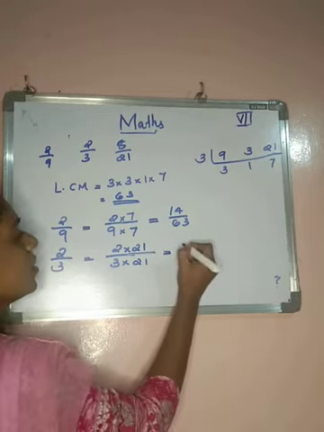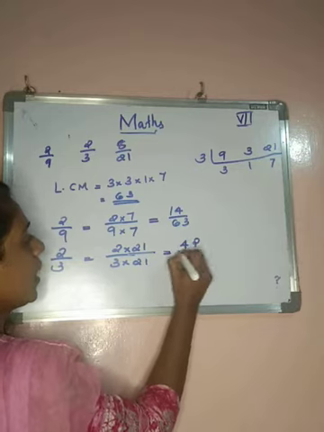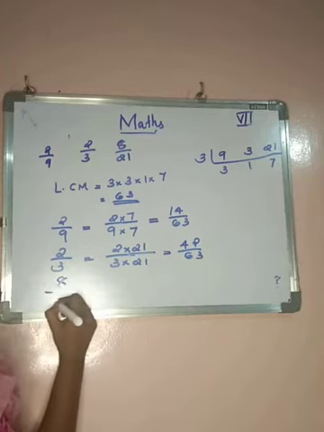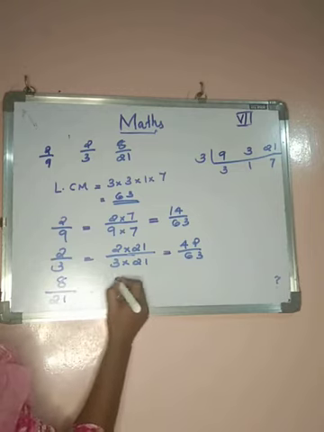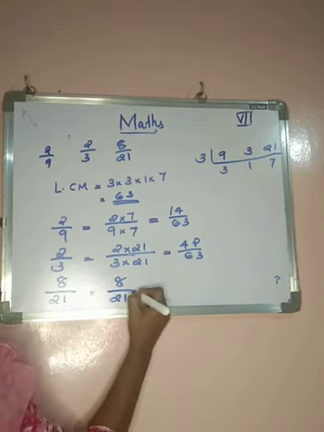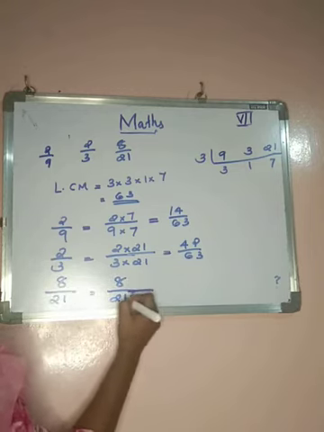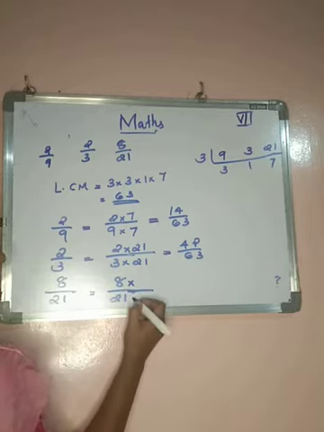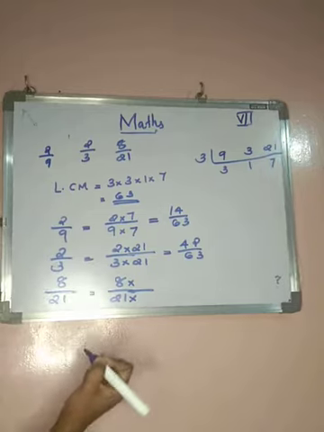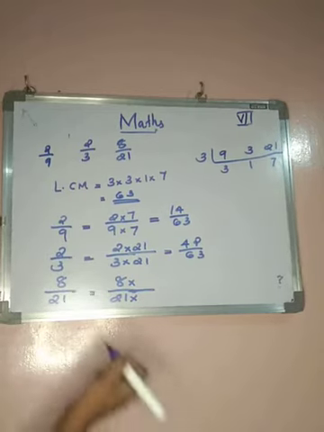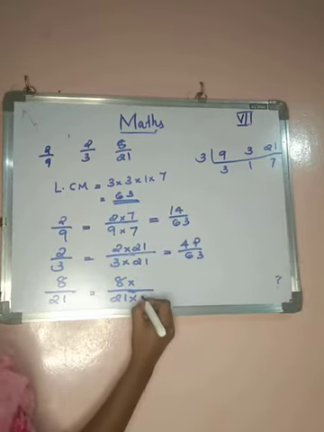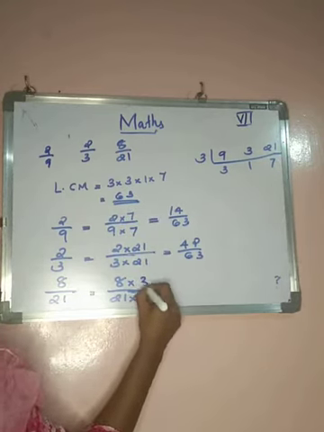We get 42 by 63. And the last fraction, 8 by 21, converting the denominator to 63, we multiply both numerator and denominator by 3.